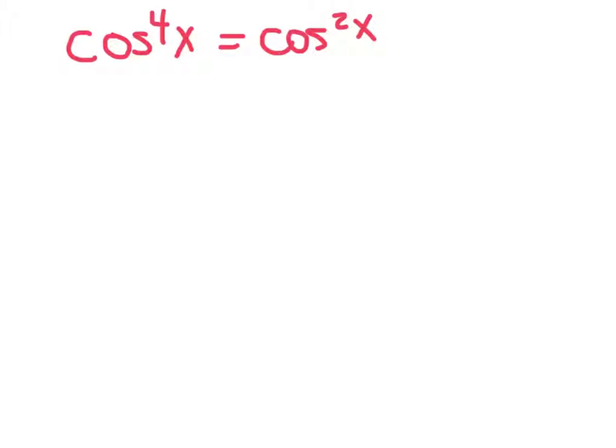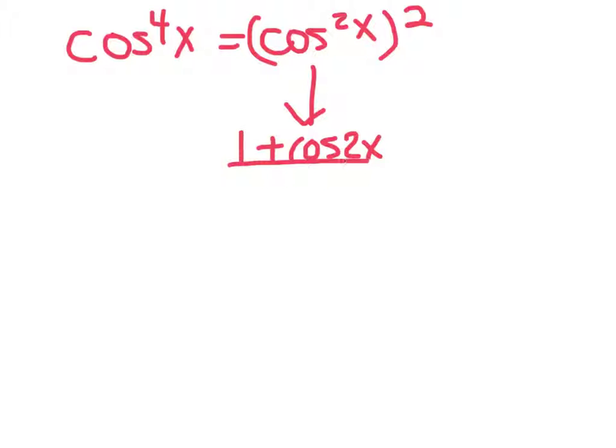Let's take a look at a power reduction. Cosine to the 4th x is equal to cosine squared x, squared. Now, if you copy these down in your notes, one of the power reducing formulas was that cosine squared changes to 1 plus cosine 2x over 2. Now that's still squared, so we'll have to FOIL that.